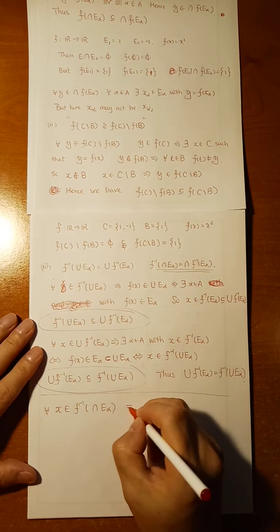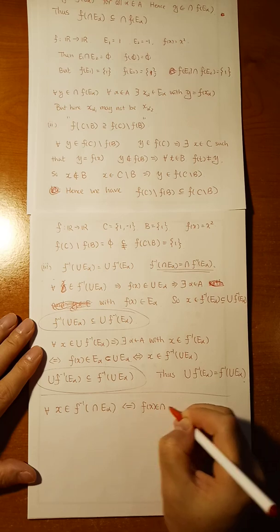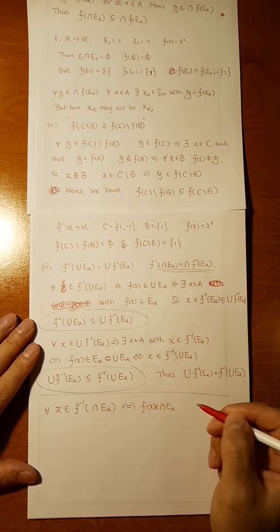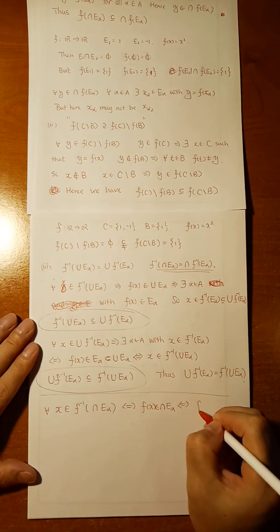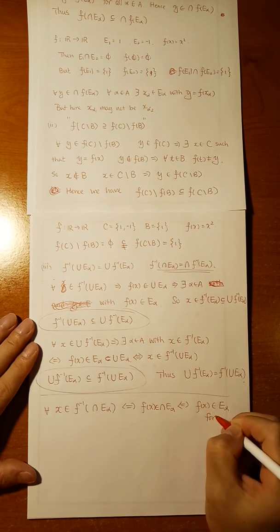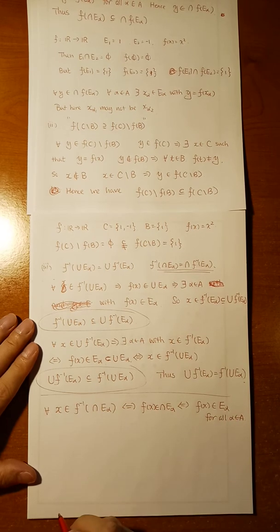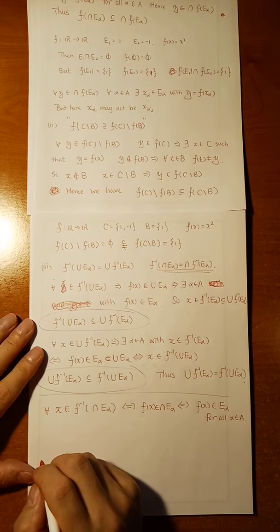So this implies fx is an element in the intersection of E alpha. So it implies fx belongs to E alpha for all alpha in A. What does it mean?